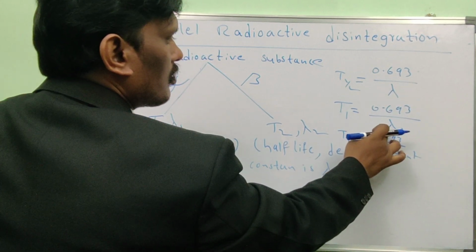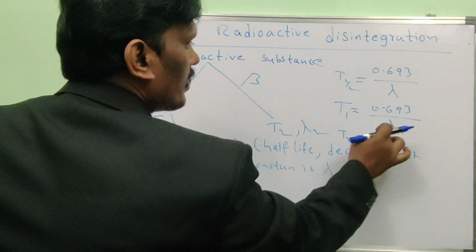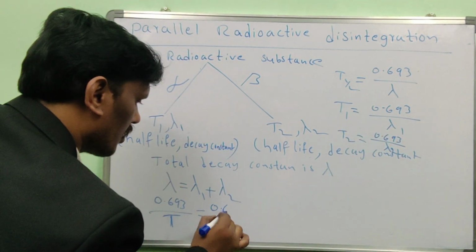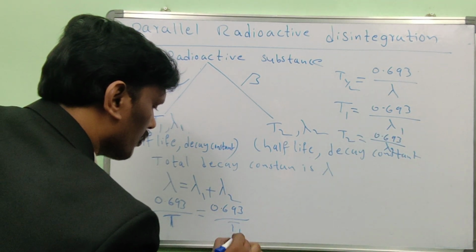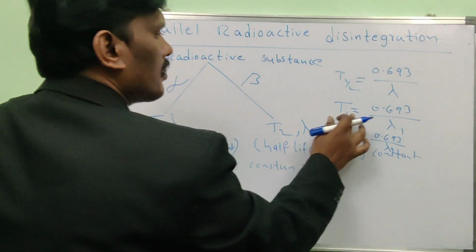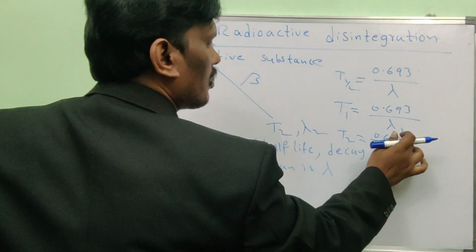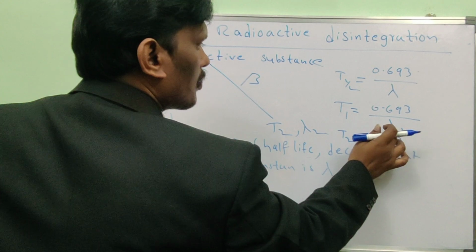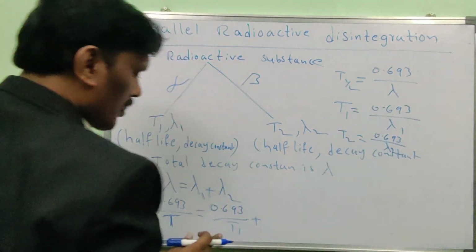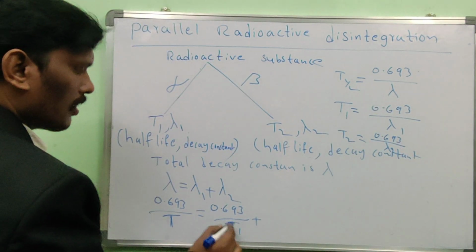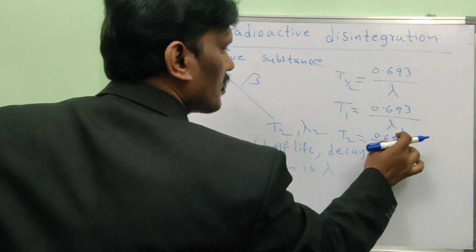From here, lambda 1 is equal to 0.693 by T1. That is 0.693 by T1 plus lambda 2. The next one: T2 is equal to 0.693 by lambda 2.